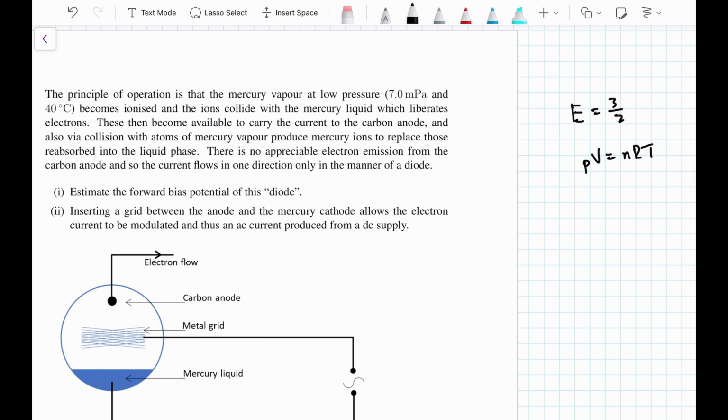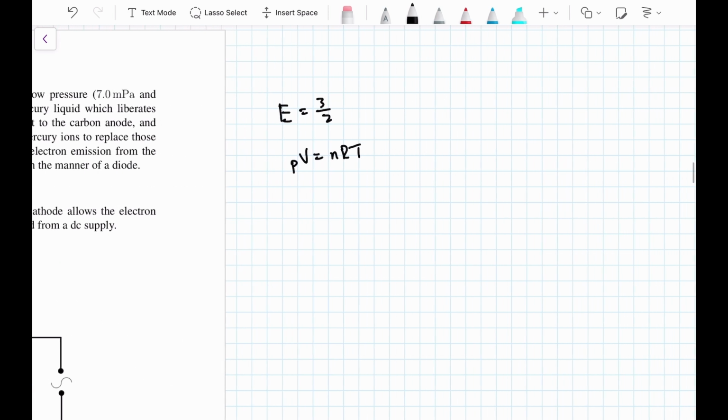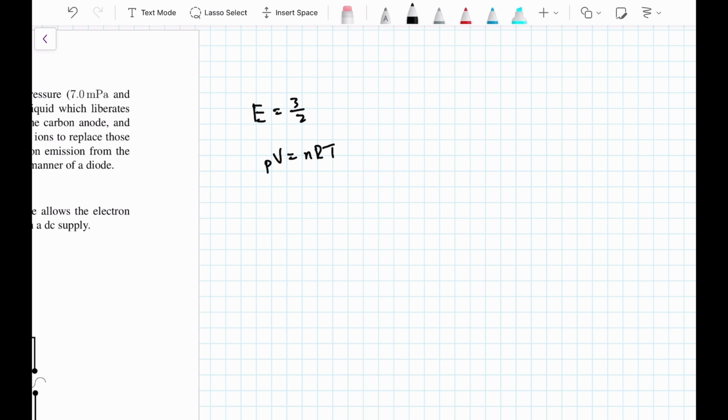So we need to find a way to somehow replace the volume or the number of molecules. Well, it's per molecule, so I suppose we can simply use RT.